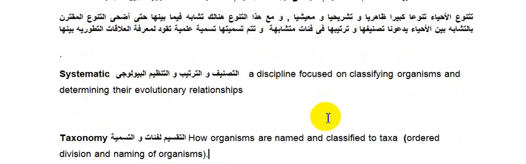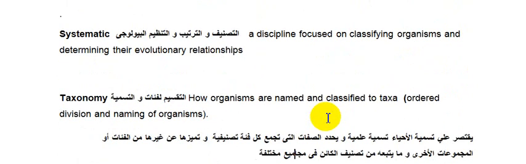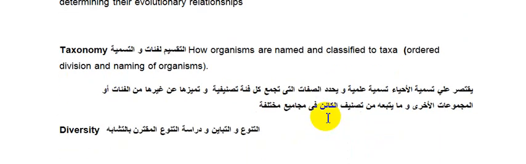Systematics is a discipline focused on classifying organisms and determining their evolutionary relationships. Taxonomy is how organisms are named and classified into taxa, order, division, and the naming of the organisms.